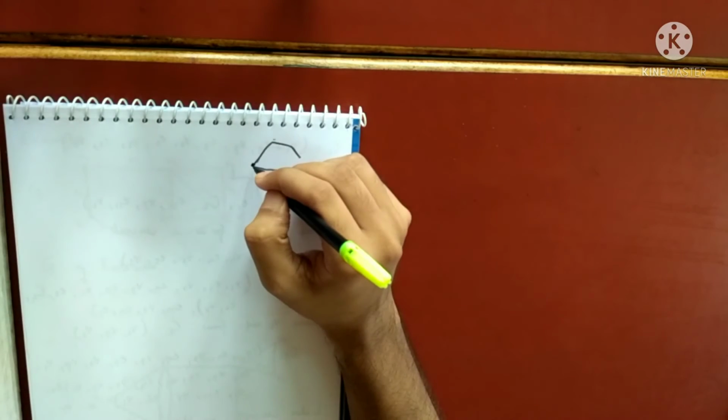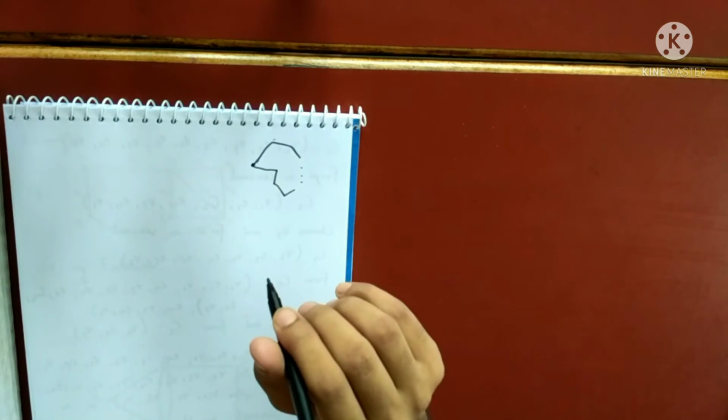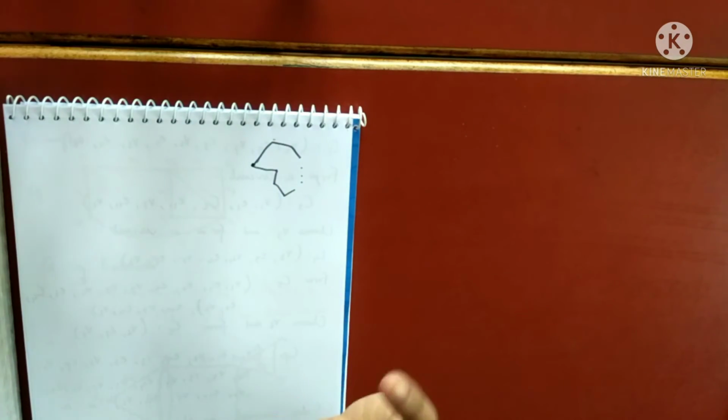Now let me give you a weaker condition. Most of the graphs are non-Eulerian, so let me impose what is called a weaker condition. I am again asking you to draw this figure without picking up your pen, but it is not necessary to end at the point where you started. That means you can end somewhere else also, but the condition remains same.